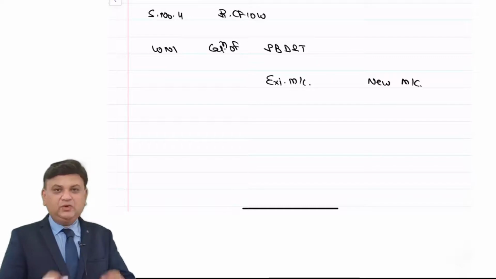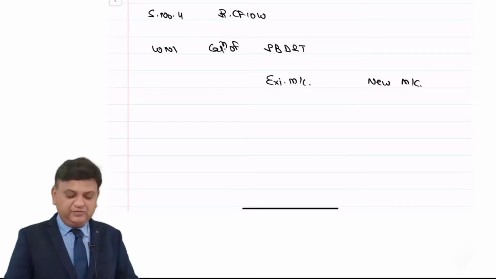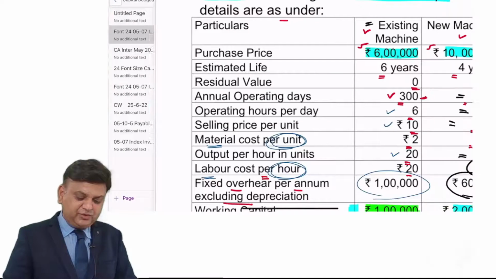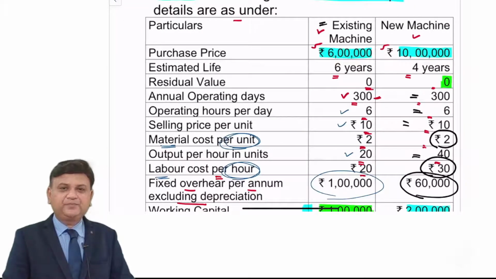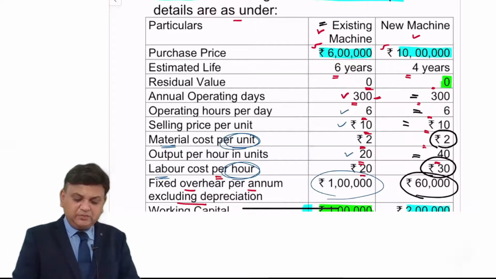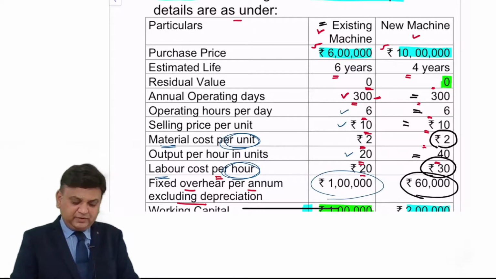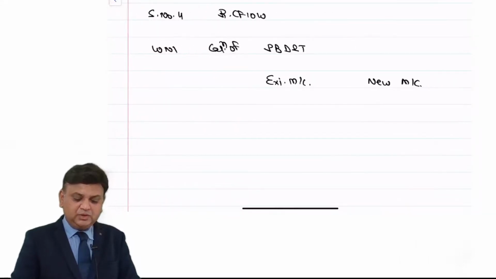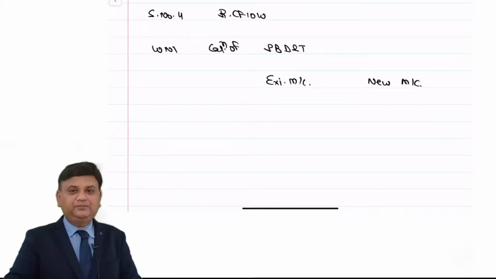Do not try to make the comparison individually, especially in a situation where the number of units are going to be different. So make the calculation separately for both of them, and then compute the incremental value.